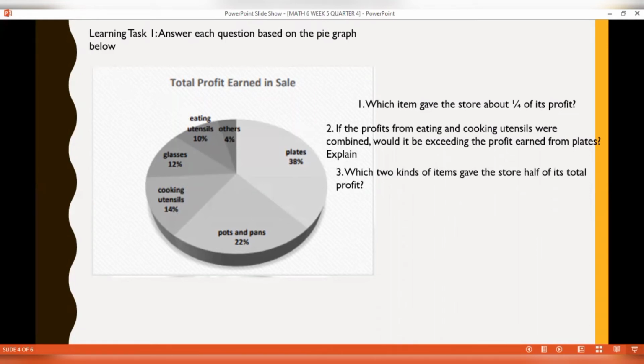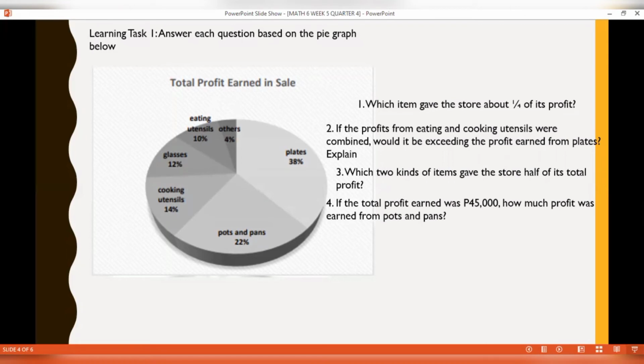Number 3, which two kinds of item gave the store half of its total profit? So pag sinabi natin half, 50%. So alin ditong dalawa, alin dalawang sales or alin dalawang profit dito or alin dalawang portion na kapag pinagsama mo ay equivalent to 50% of the total profit.